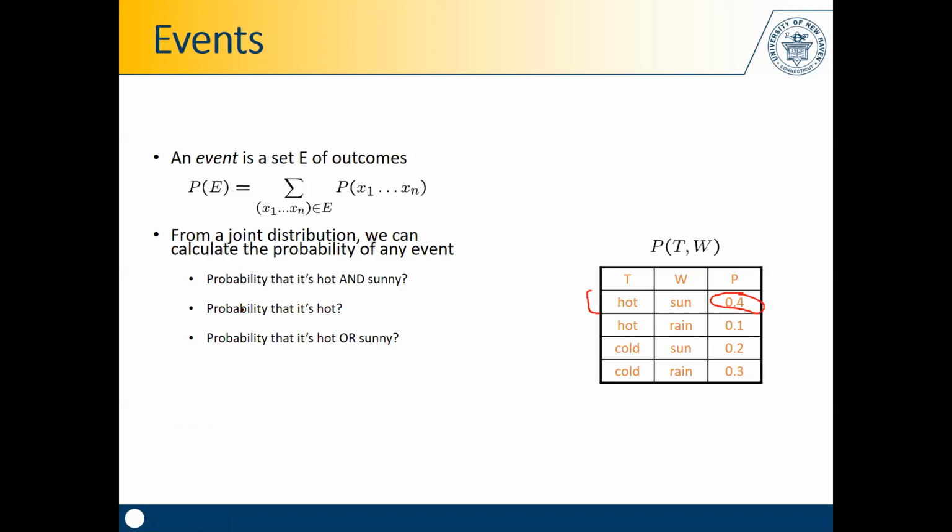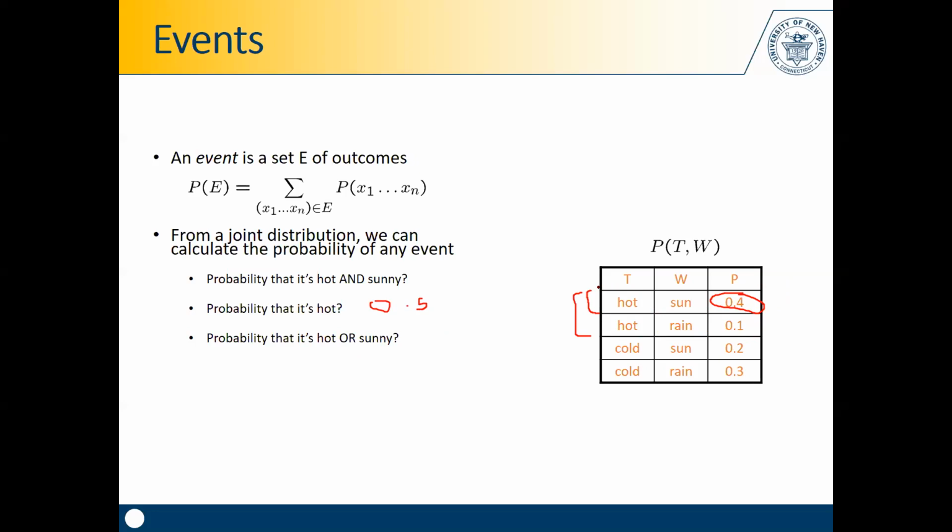What about the probability that it's hot? There are two rows in this table representing this event. What would be the probability of this event? All we have to do is to sum the probabilities of these two rows. It's 0.4 plus 0.1, which gives us 0.5. What about the probability that it's hot or sunny?